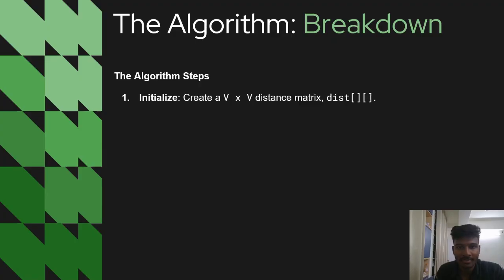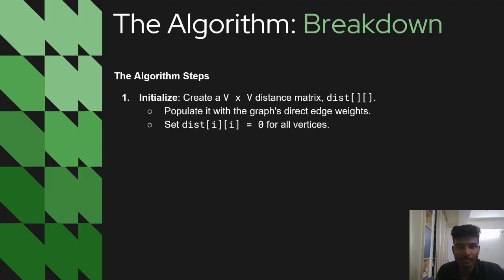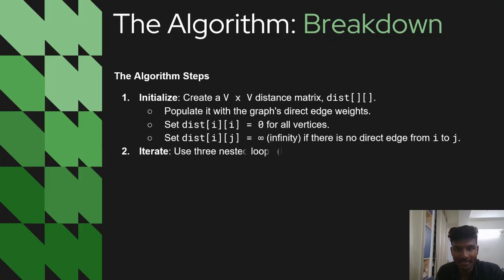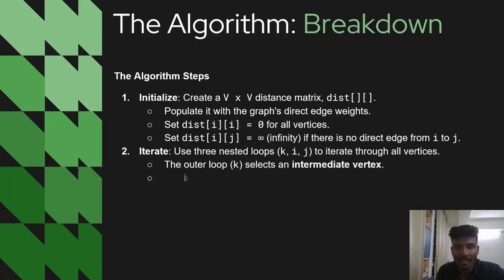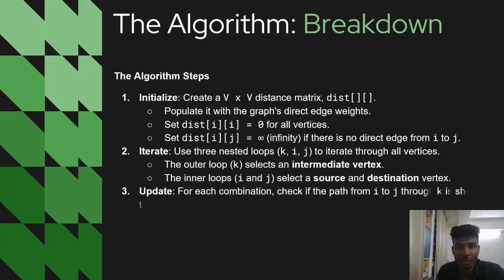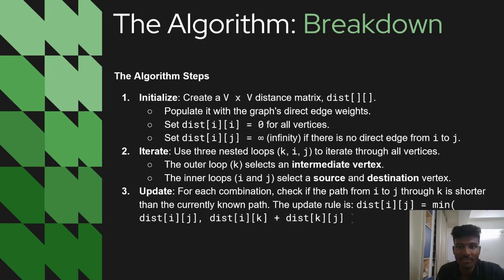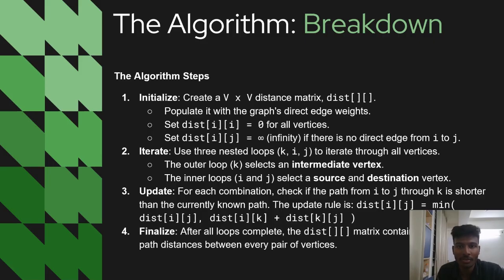Now, let's break down the algorithm into four simple steps. The first is initialization. We start by creating a matrix. We fill it with the direct distances we already know, set the distance to itself as 0, and mark any unknown connections as infinity. The second one is iteration. We set up three nested loops. This allows us to look at every possible combination of source, destination, and an intermediate point in between them.